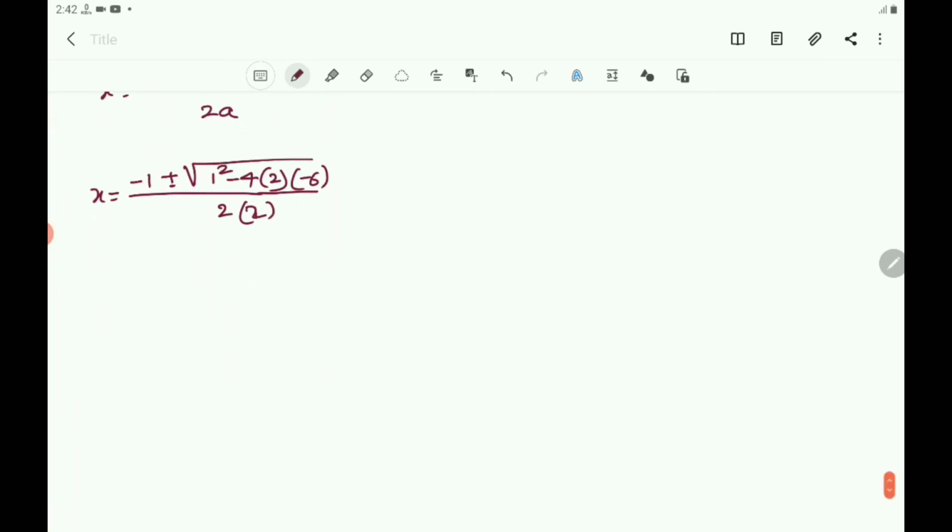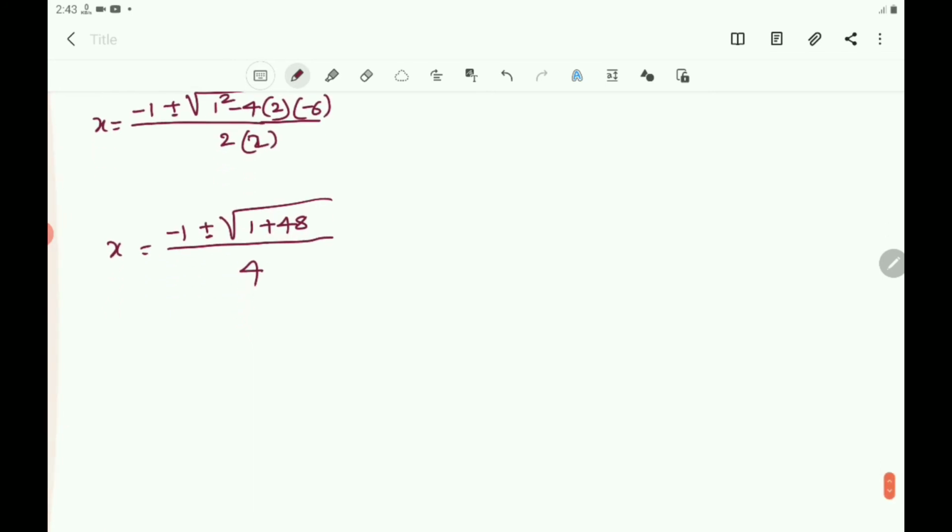X equals minus 1 plus or minus root of 1 plus 48, 4 2s are 8, 8 6s are 48, by 4.